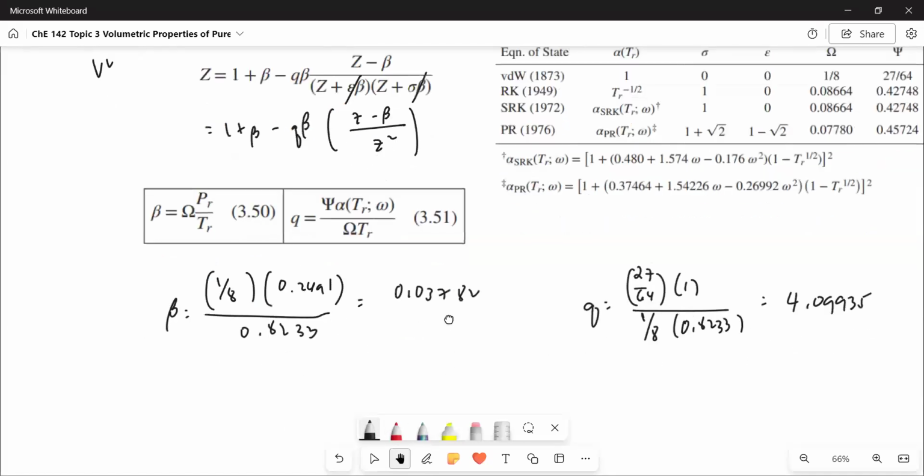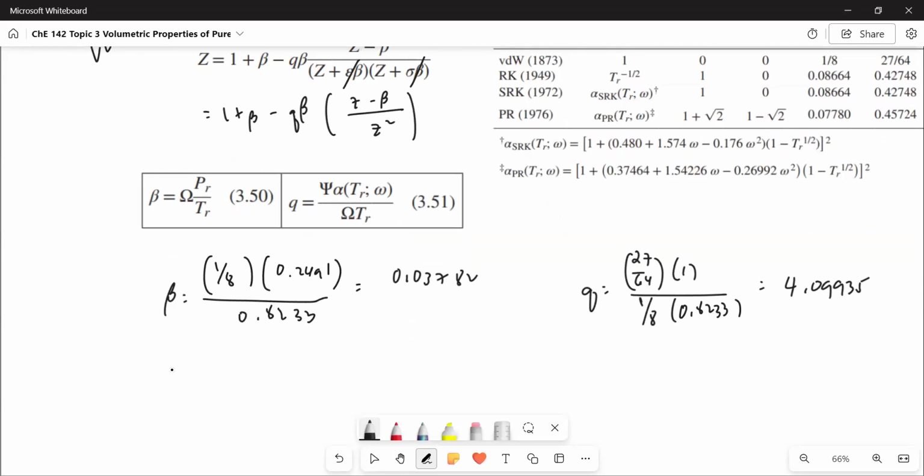Next, we substitute into this equation for z. So z is 1 plus beta, 0.03782, minus q, 4.09935 times beta, 0.03782, multiplied by z minus beta, 0.03782.